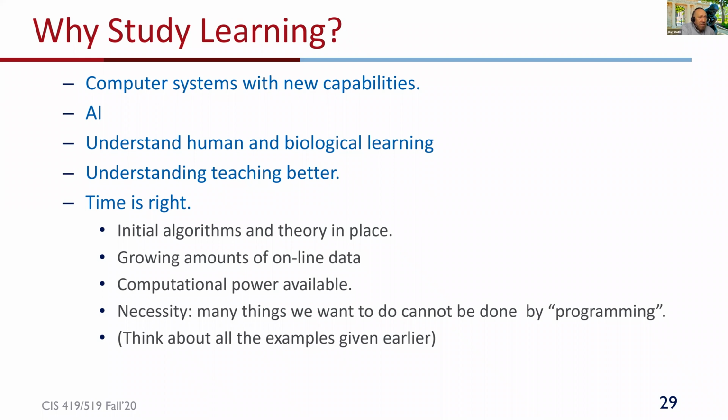And also necessity. There are many things we want to do that we cannot do by conventional programming. A lot of the examples that we've given before, you cannot program conventionally. You do need something that learns.